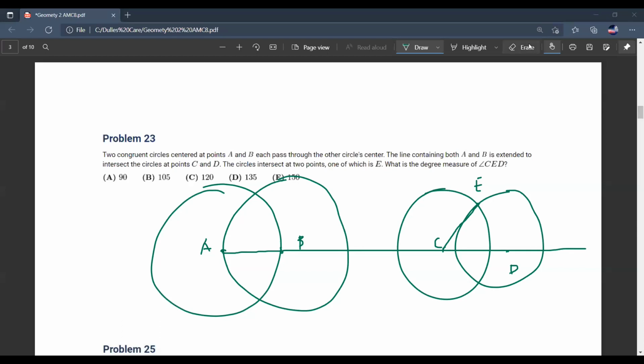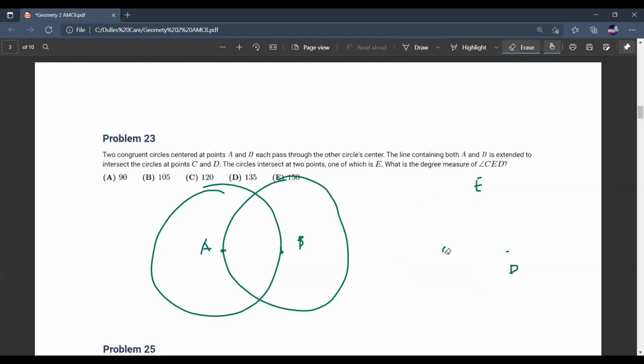Okay, so it turns out I am very blind, because I misread the problem again. All right, so let me see. So let's extend this. It's a sad situation whenever you misread the problem. So it intersects the circles at C and D. And then we have point E right here, which is one of the intersections.